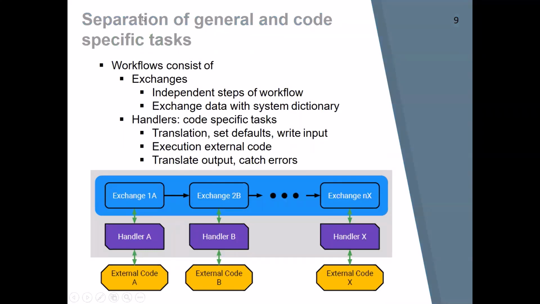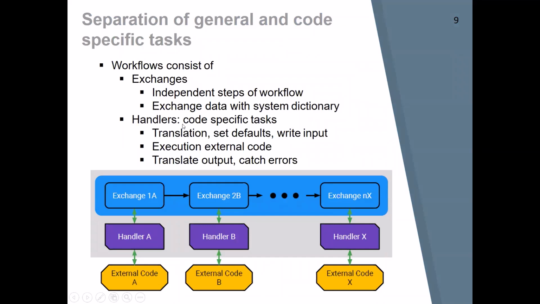In addition, it also has a very nice separation of general and code-specific tasks, the idea being that you have exchanges, which are independent steps of the workflow in the simple case, and they exchange general data with the system dictionary, right?